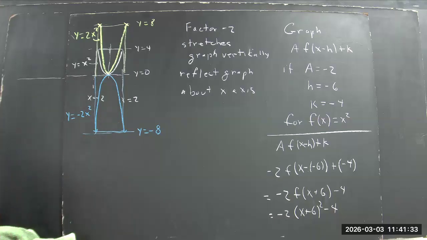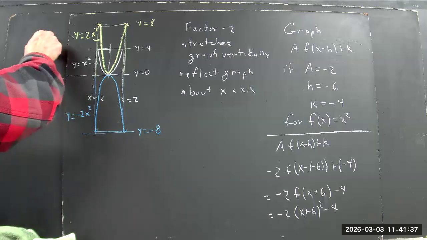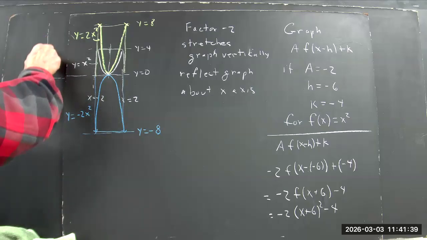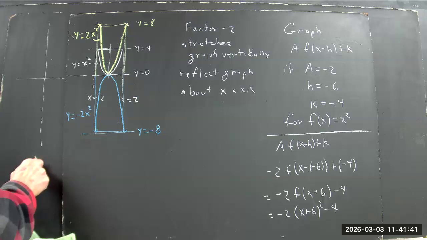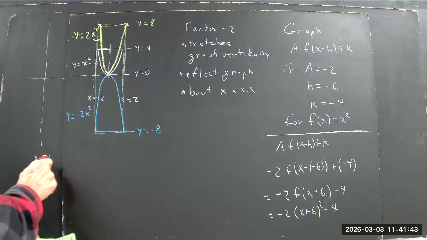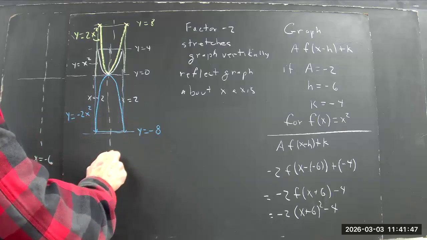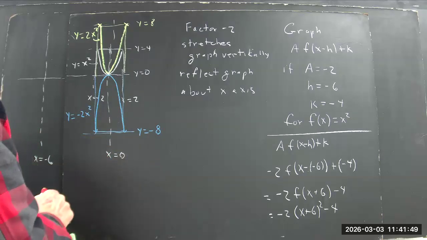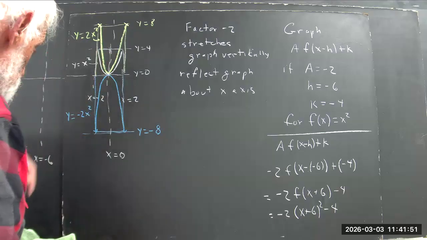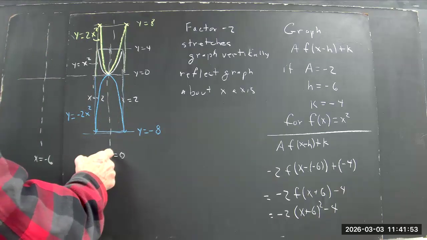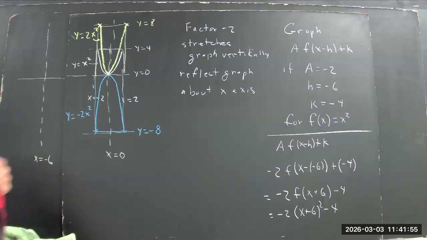I'm kind of exaggerating. Over here. And I'll label the line x equals 0 on the original graph. So I'm shifting from x equals 0 over to x equals -6.